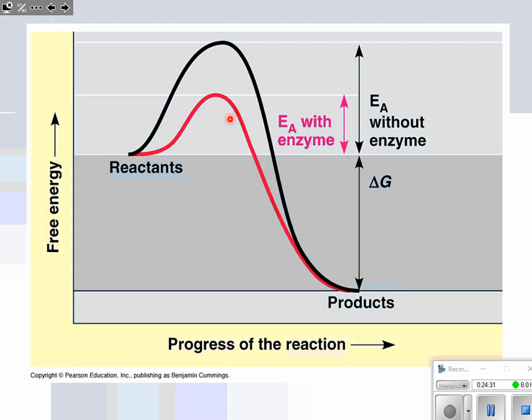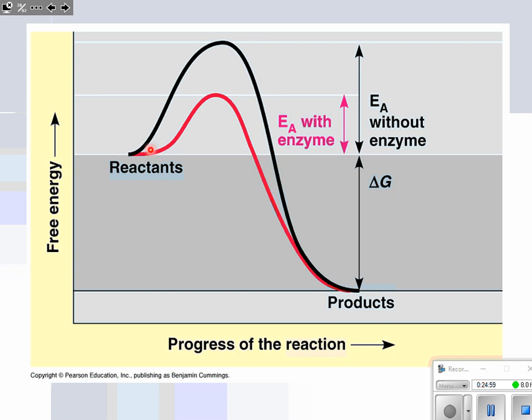With enzymes. So here is the chemical reaction that we just looked at. The black line, just look at the black line on the graph. It has a large energy of activation, so it's going to require a lot of energy to be put in order to get the chemical reaction started. But if we run that same chemical reaction with an enzyme, look at the red graph.